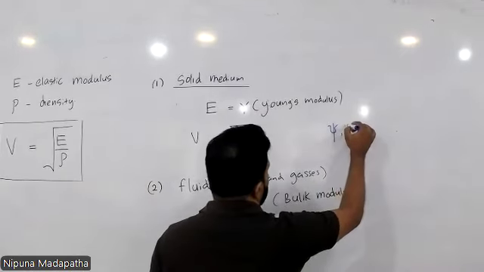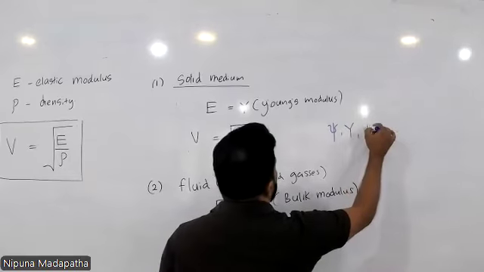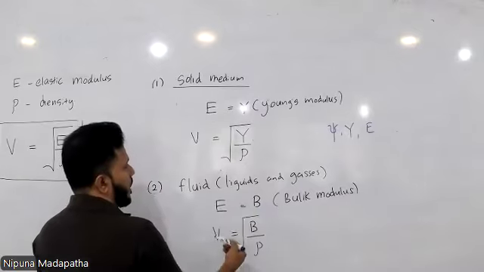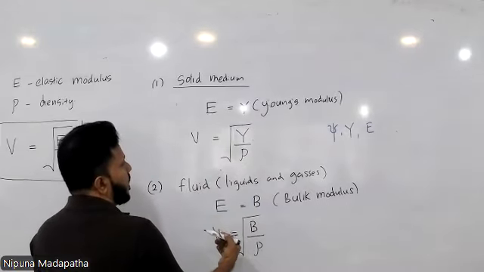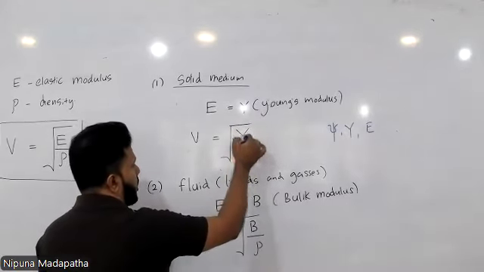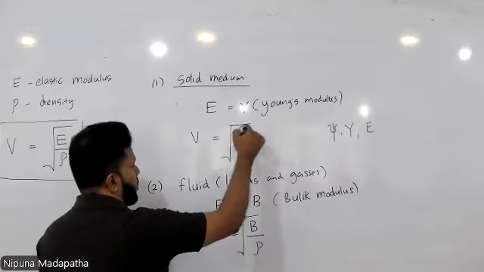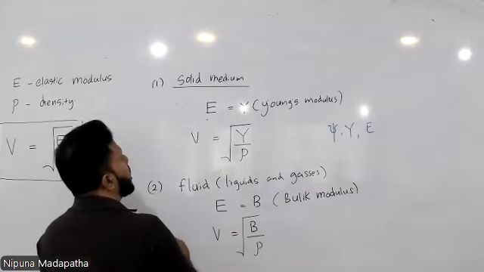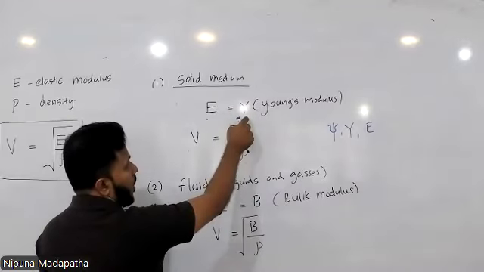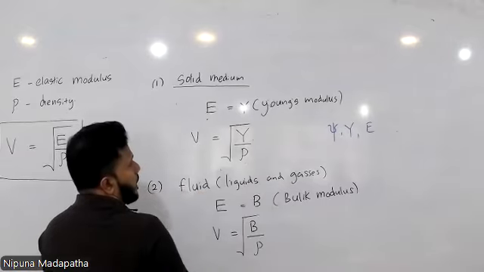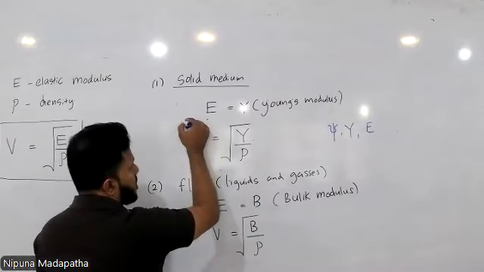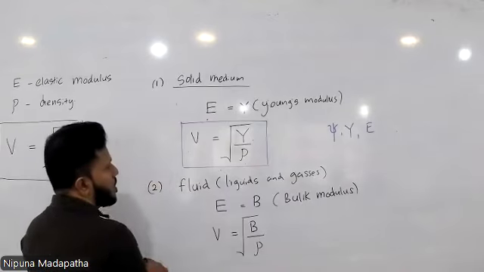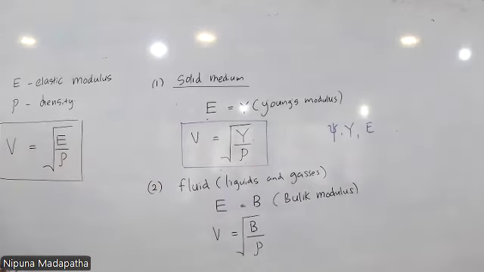Some books use Y, some use E, all of these exist. But here the physical quantity should be Young's modulus. So E equals Y. We use Y, where Y is Young's modulus. So here's the expression. v equals square root of Y over rho.